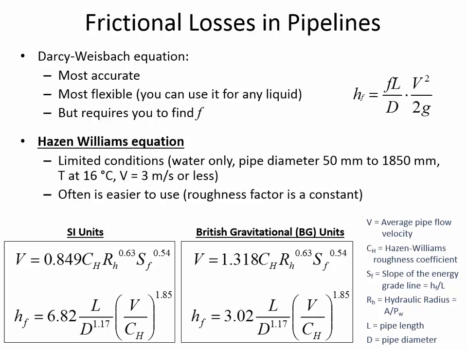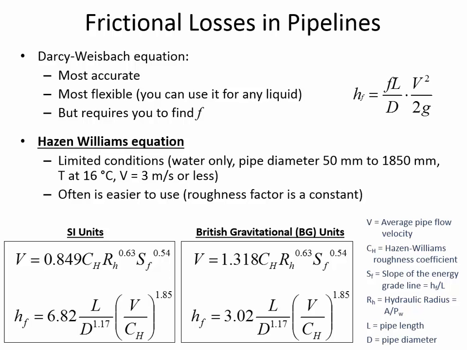So it doesn't look like it's just been rearranged, but it is rearranged if you substitute in the slope of the energy grade line is H sub f divided by L, and then do manipulation. Hydraulic radius, remember, for a pipe that's flowing full, hydraulic radius is the diameter divided by 4 and so on. So that's the relationship between these two equations.